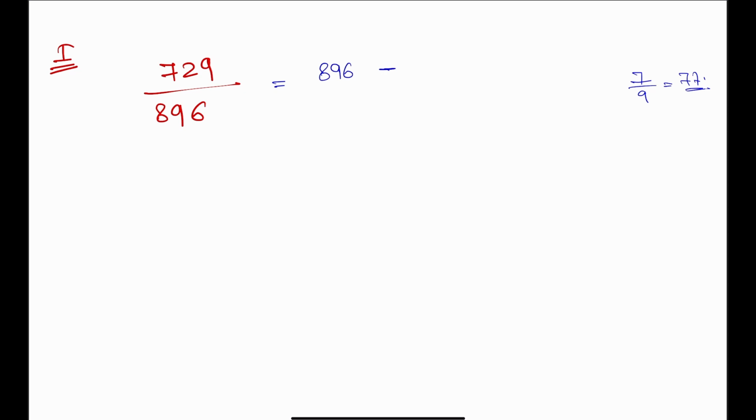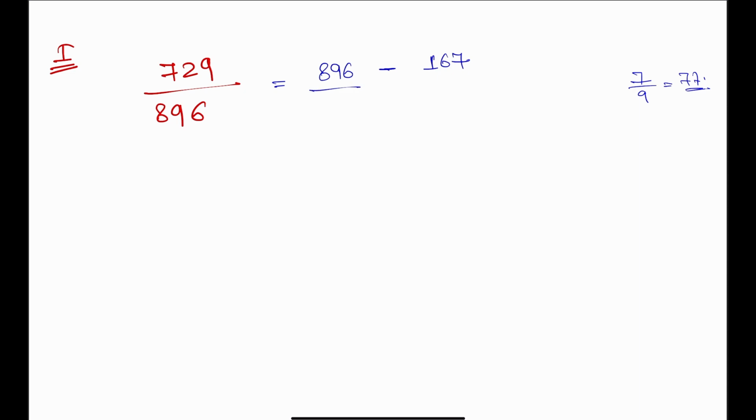So 729 plus, so 81, 71 plus 96, 71 plus 90 is 161. 161 plus 6 is 167.